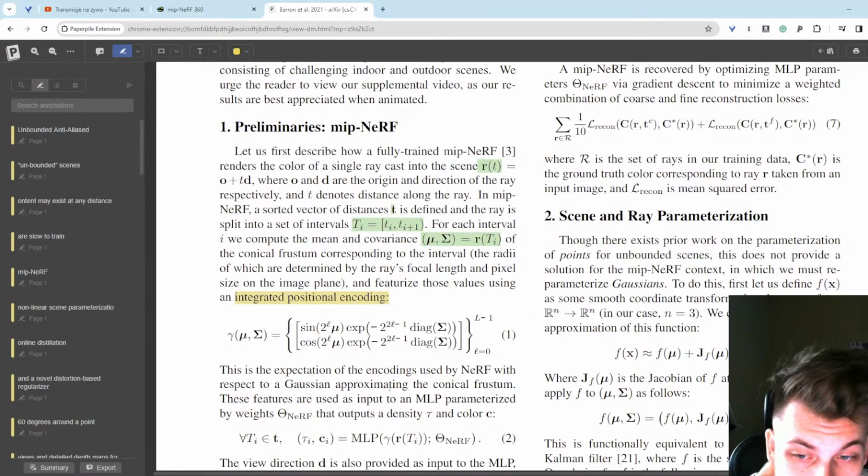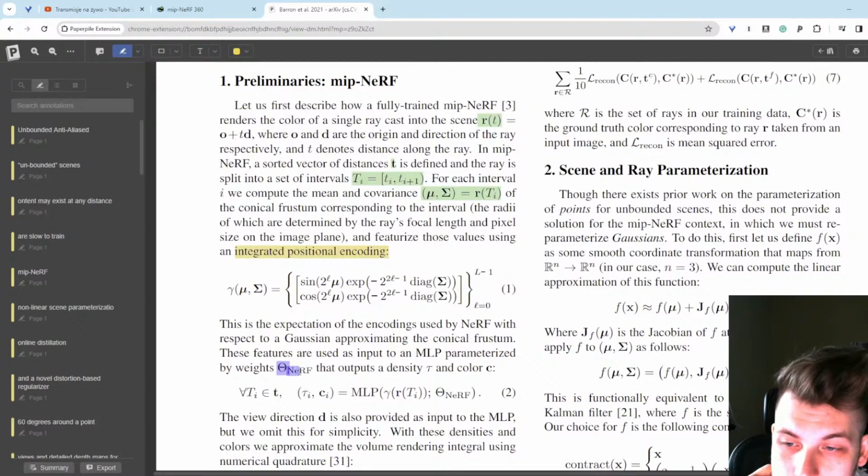And this is also the expectation of the encodings used by NeRF with respect to the Gaussian approximating the conical frustum. So this is the whole idea. These features are used as input to an MLP parameterized by these weights, that outputs density and color.